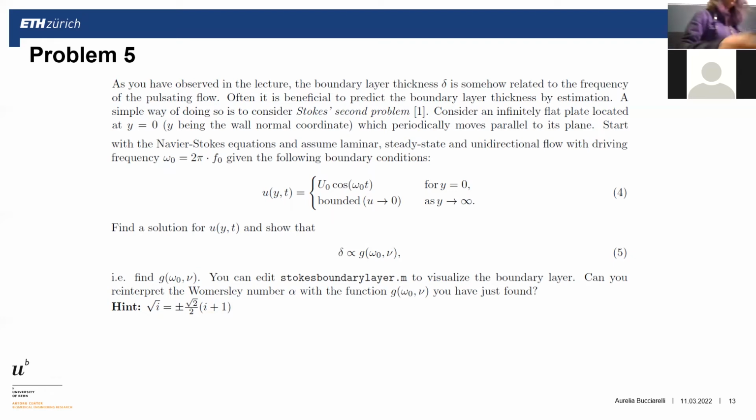And you have those boundary conditions there, so that you know that here the velocity is u0, but here we have a velocity of u0 omega, and here we go to infinity, we have u equals 0. So you need to make some assumptions.